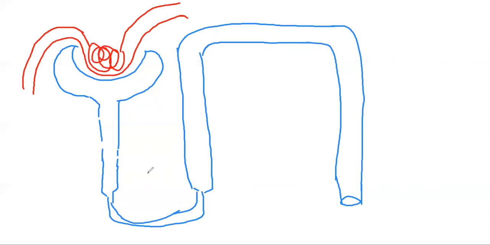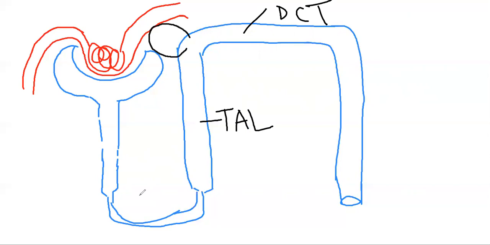Now, exactly at which area is this juxtaglomerular apparatus present? As I have said already, it is present at the distal part of the thick ascending limb of the loop of Henle and the very early part of the distal convoluted tubule. That means somewhere at this area where it meets its own afferent arteriole.